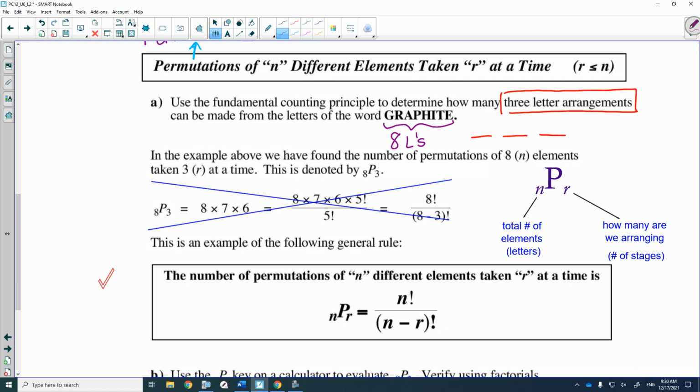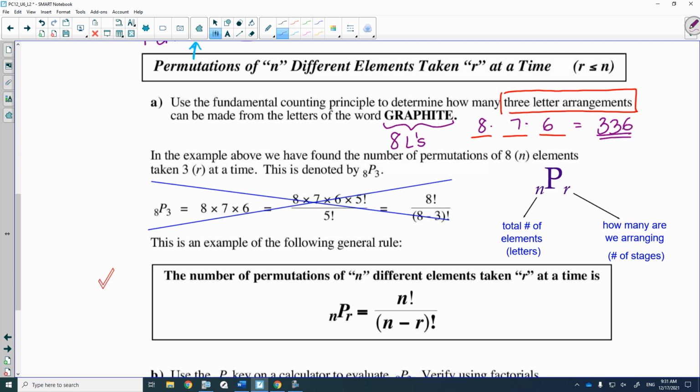Using the fundamental counting principle, if we're only making 3-letter arrangements, how many can we make? In the first stage here, I've got 8 choices of letters that could possibly go there. After I place a letter, you'd have 7 and then 6. So how many 3-letter arrangements we could make using the letters in graphite would be 336 different arrangements.